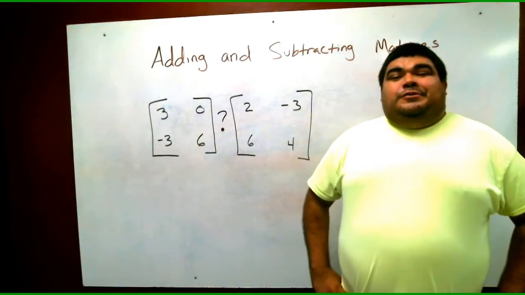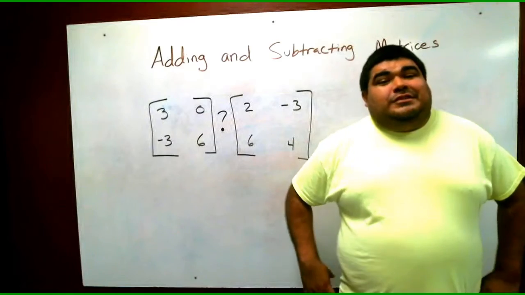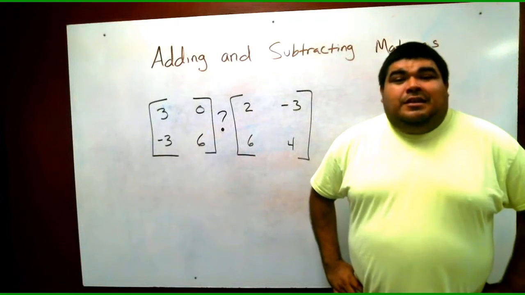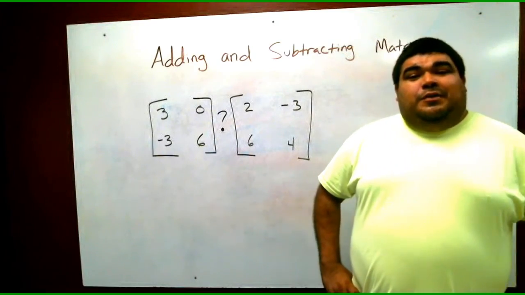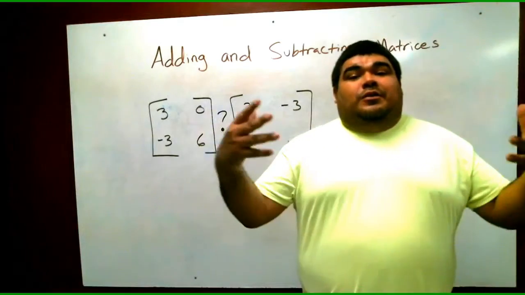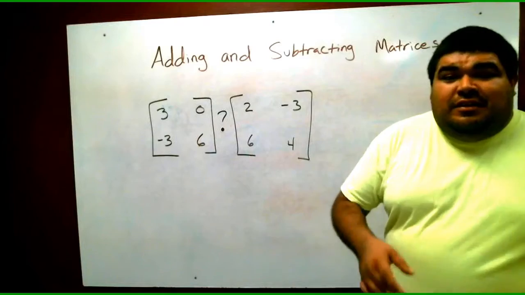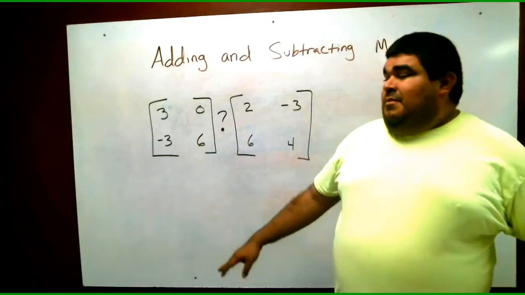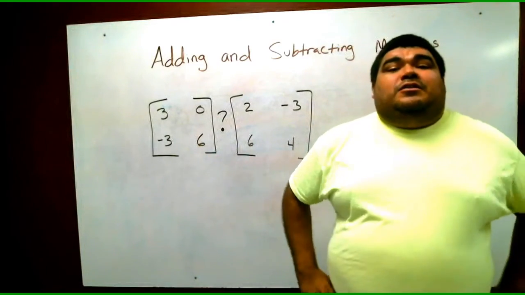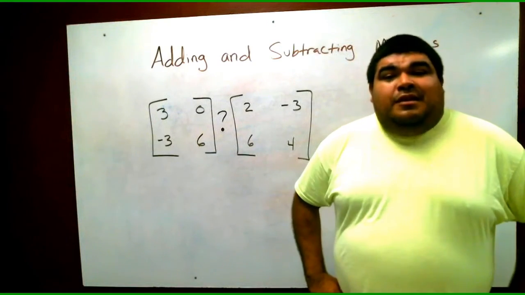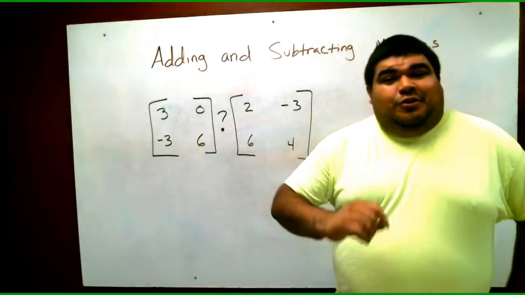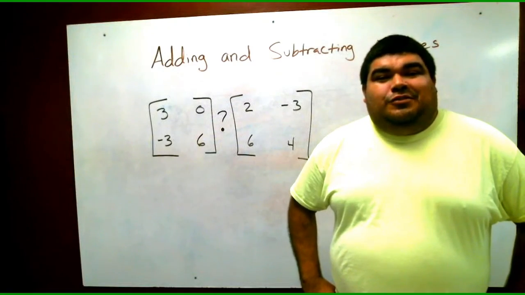You have to also label the matrices, rows, columns, and tell me what they are. Are they 1 by 1, 2 by 2, 3 by 3, 1 by 3? So tell me the dimension, label them, and then solve for them, add them, and then also give me another problem where you subtract them. And that is your assignment for today. So make sure you submit your answer as soon as you're done watching the video.